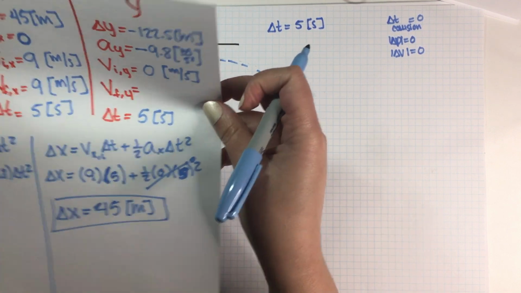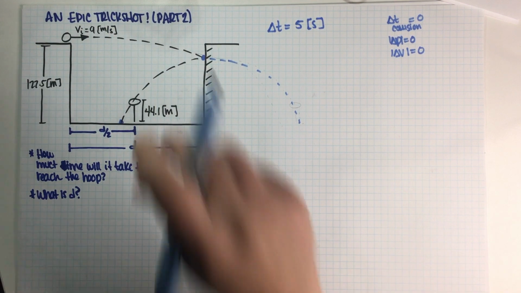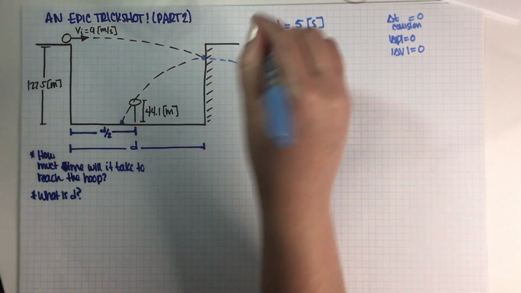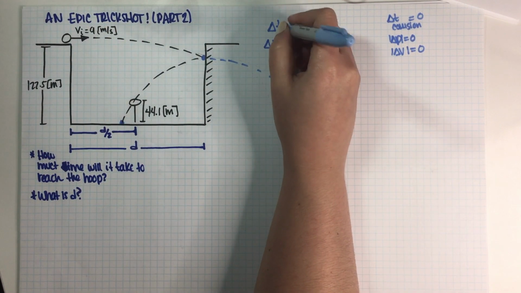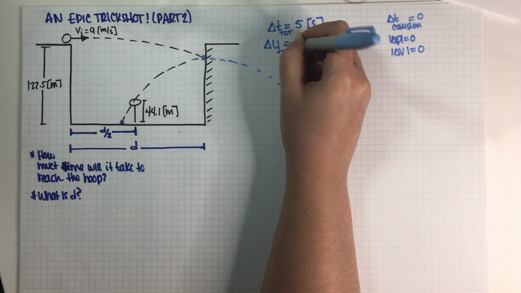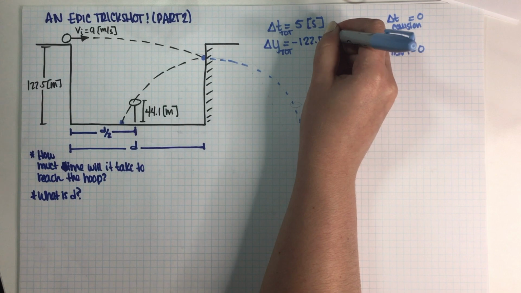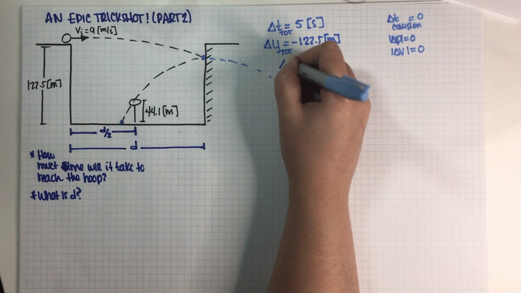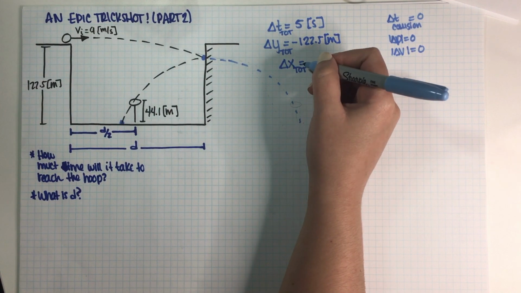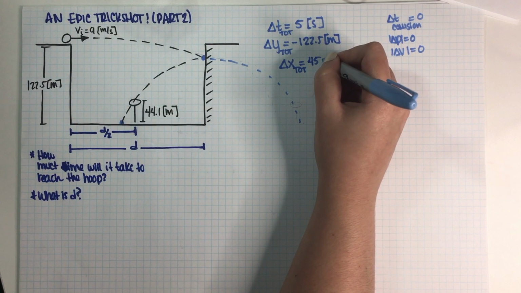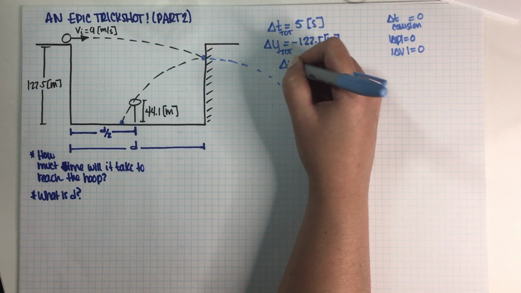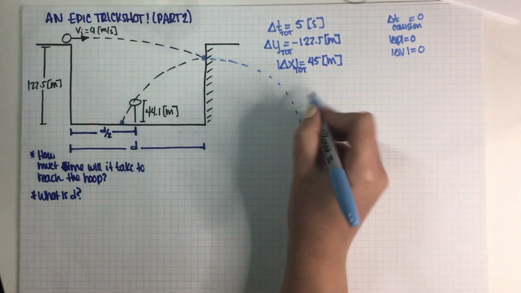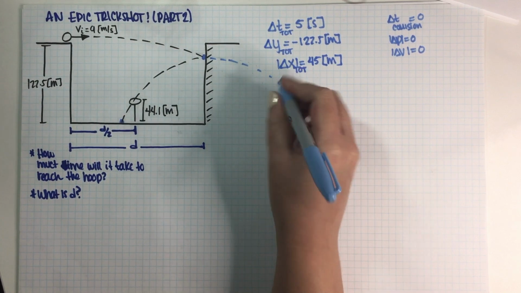Another very important thing is that my delta y total is still going to be negative 122.5 meters, because I traveled the same distance. And my delta x total is also going to be 45 meters in magnitude, because this wall didn't change anything. The hoop might as well have been over here, honestly.